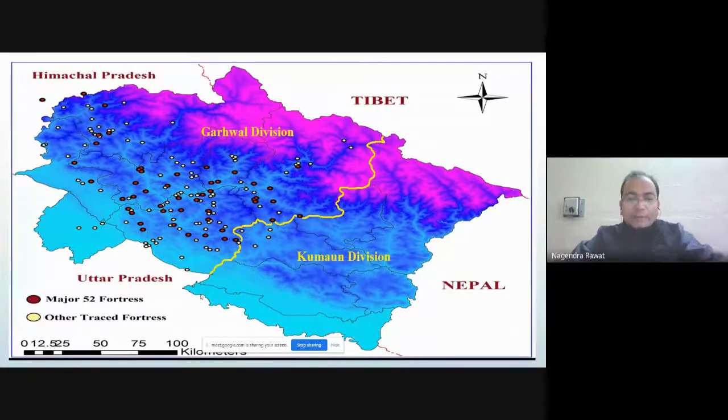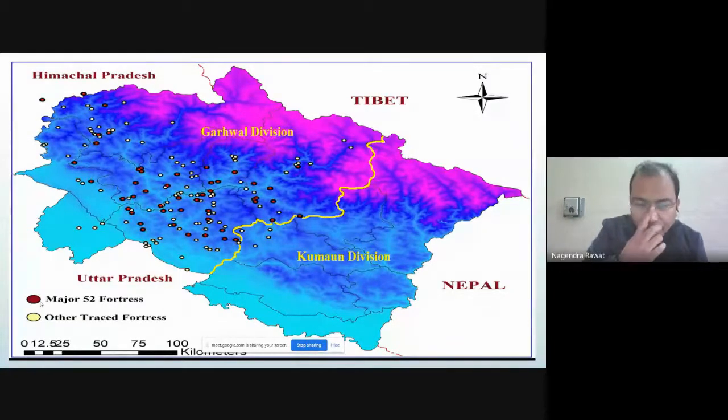After processing all the data, you can get such maps. This is very common, not a very big thing which I am telling you, but it is very important for an archaeologist or researcher willing to do a real archaeological survey. So this is the result of an archaeological survey.